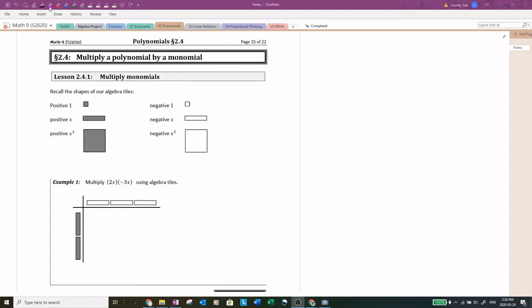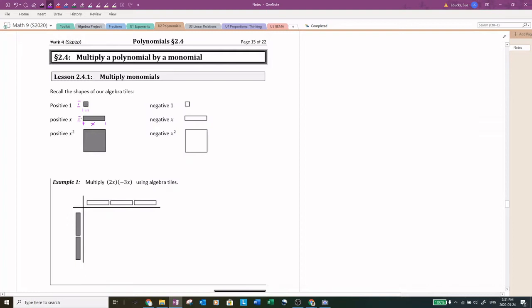I want to remind you that these are actually sized intentionally. This distance here is 1 unit, and this is also 1 unit, okay? The X tiles are the same width, 1 unit in width, and they're X units in length. Of course, X is a variable, it can be whatever we need it to be.